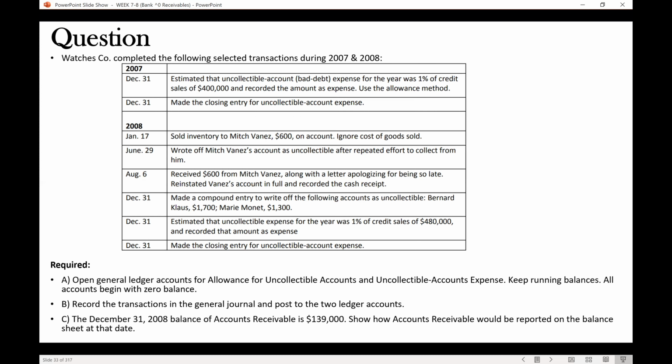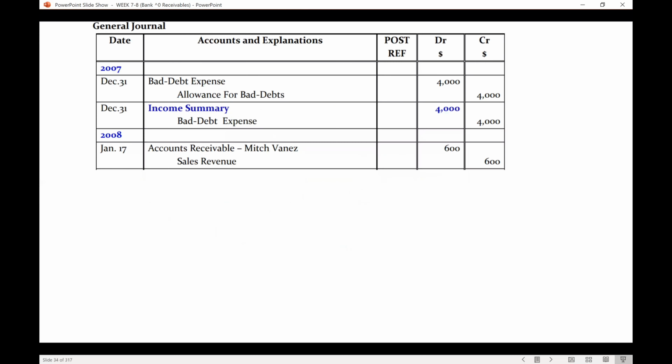An asset. So when that increases, we would debit the accounts receivable. And we sold it, so we would have earned sales revenue, and we credit sales revenue when it increases. So the entry here is to debit accounts receivable, Mitch Vance, and to credit our sales revenue.